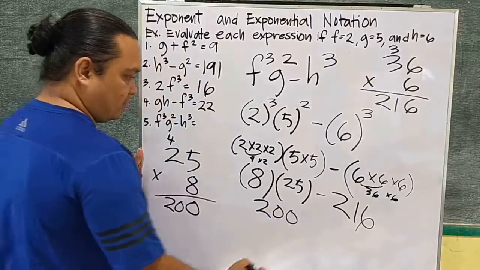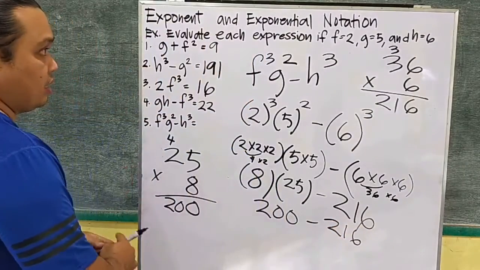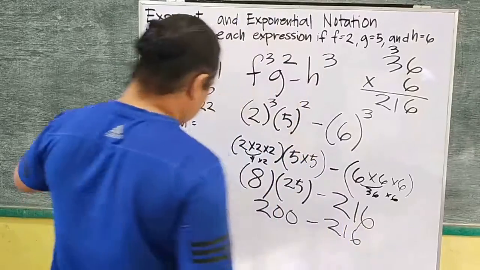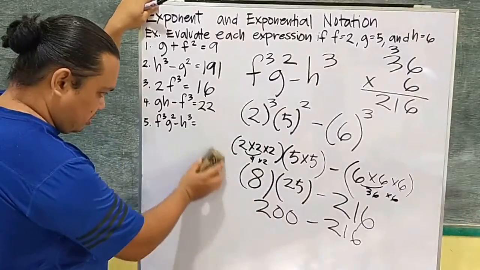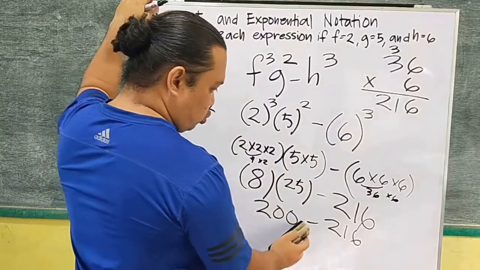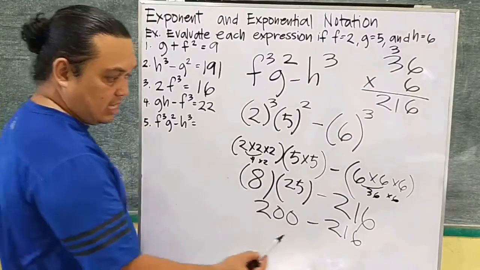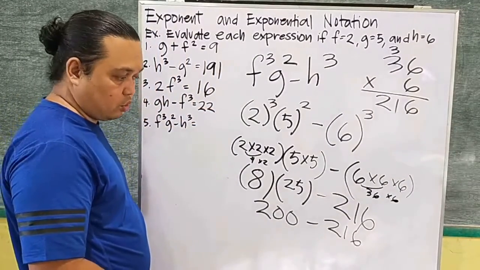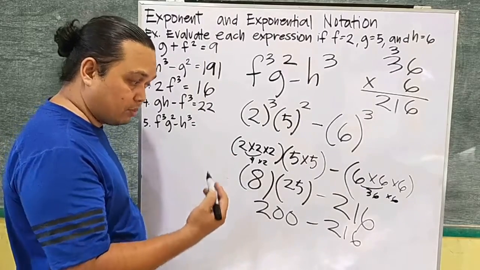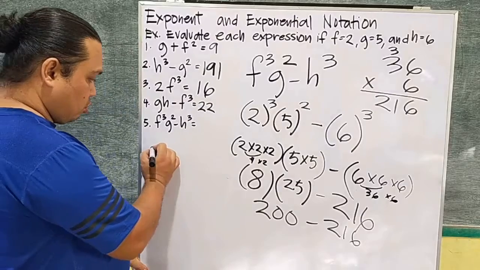So we have 200 minus 216. If you subtract this as whole numbers, 200 minus 216 cannot be, because 216 is greater than 200. So we are going to subtract this as integers.